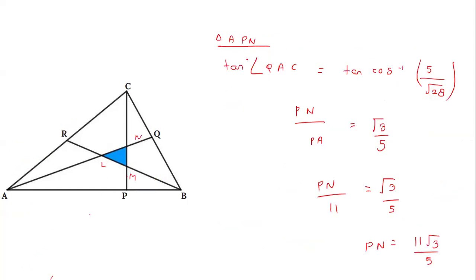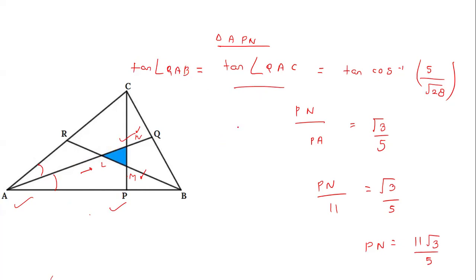Now consider the triangle APN. So this is our M point, this is our N point, and this is our L point. Now you consider the triangle APN. This is A, this is P, and this is N. So you can write the tan of angle QAC. Tan of angle QAC and tan of angle QAB both are the same.